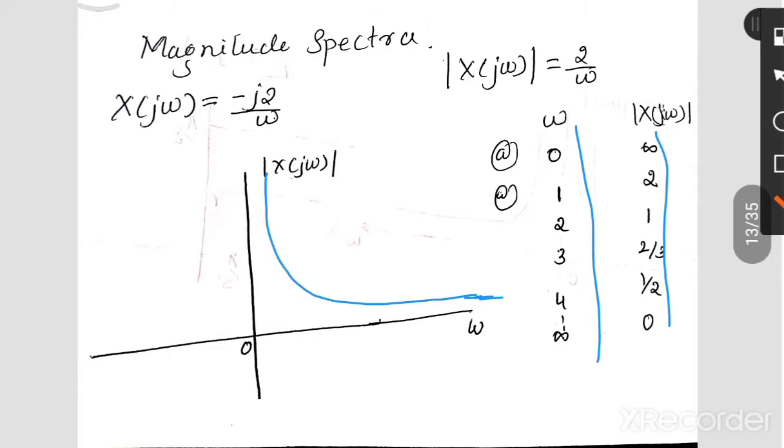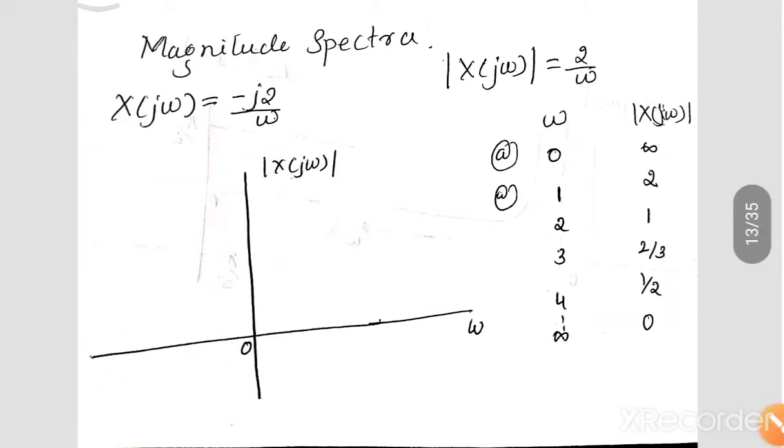Similarly, when we substitute negative values, you get negative values of the same. When you substitute minus 1, minus 2, minus 3 and so on, it is going to reduce like this. This is your magnitude spectra.